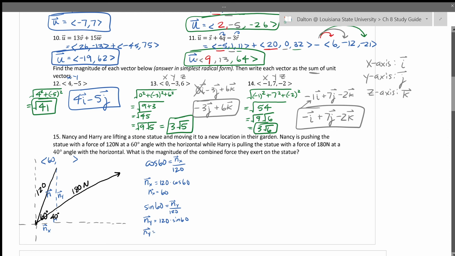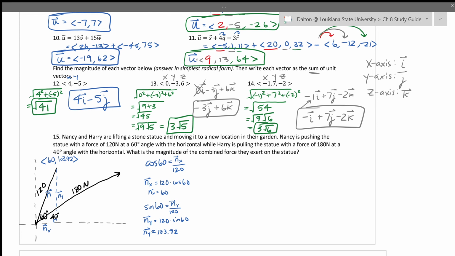I didn't tell you how to round in the problem, but for the sake of consistency, let's just go ahead and round to the nearest hundredth. That y component is going to be about 103.92. Okay, so we have Nancy's vector components.